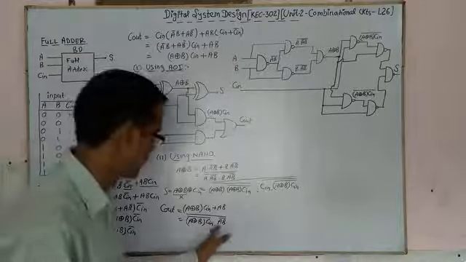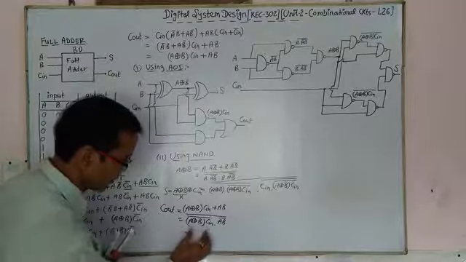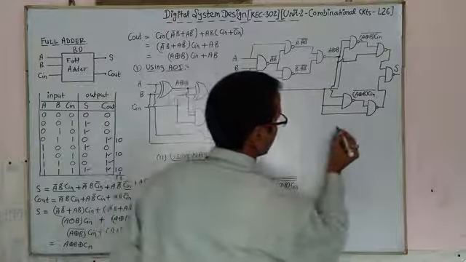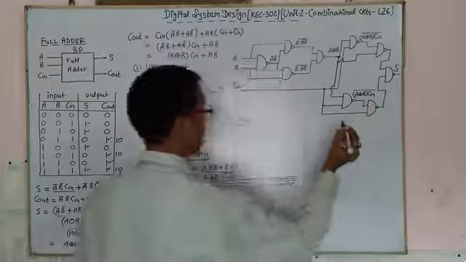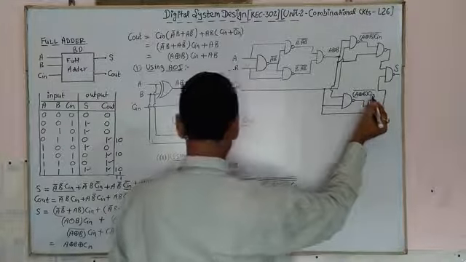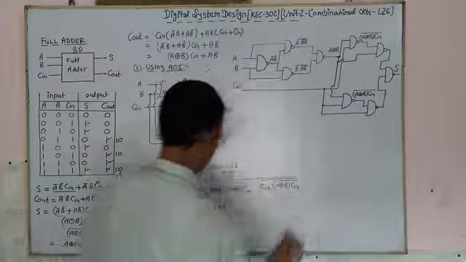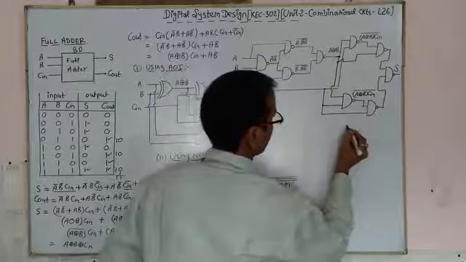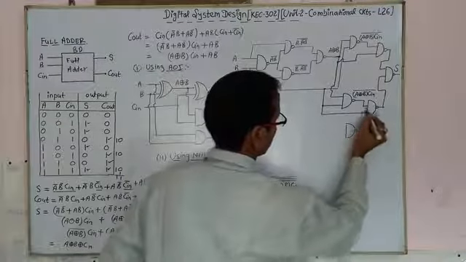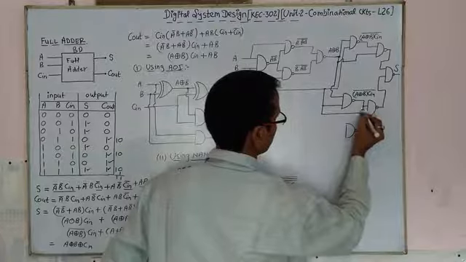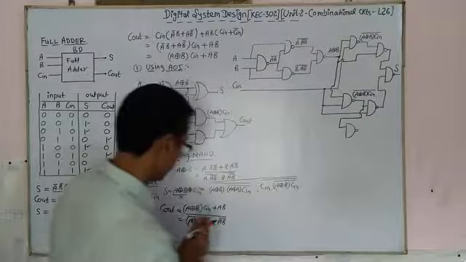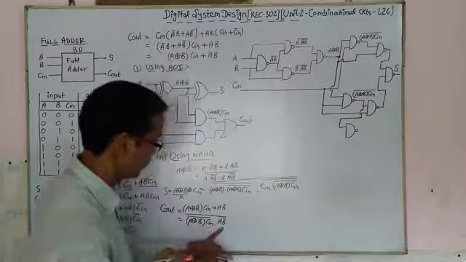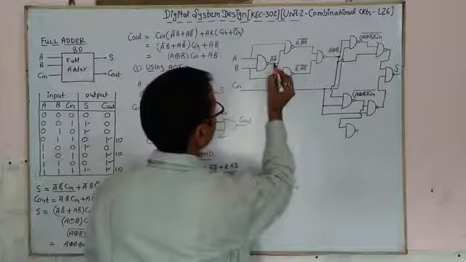So now we will implement this. First of all, we have two terms: A XOR B into Cin, giving A XOR B into Cin bar, and AB bar. So we take another NAND gate. One input is A XOR B, Cin bar, and the other input is AB bar.